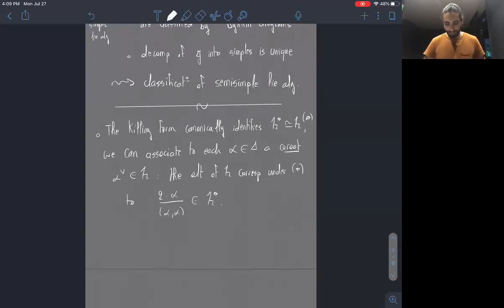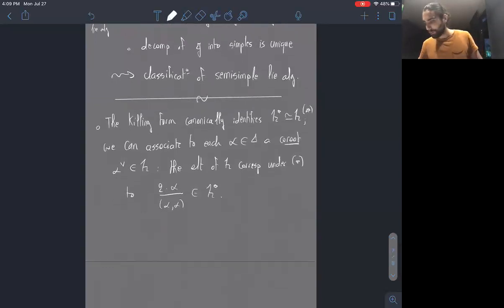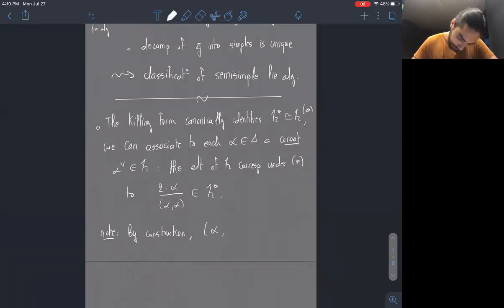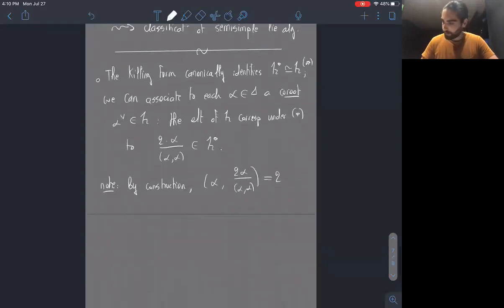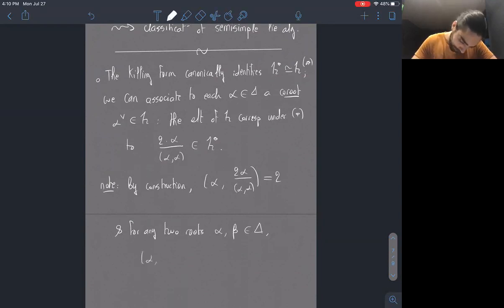So this might seem kind of strange at first. One of the motivations here is that by construction, this element satisfies that the pairing with alpha equals 2. And we also have that for any two roots, alpha and beta, we have the identity that if I take the Killing form of alpha and beta, what I get is the same as evaluating alpha on beta dual.